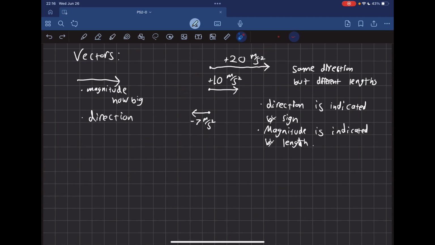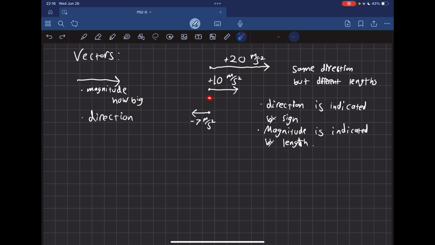Now, one thing I want to point out is that I've been using arrows this entire time. These are something called vectors in physics. Vectors have a magnitude and a direction. The magnitude is essentially just how big the vector is. So let's take the case where we have 3 different accelerations. The first acceleration is plus 20 meters per second squared to the right.